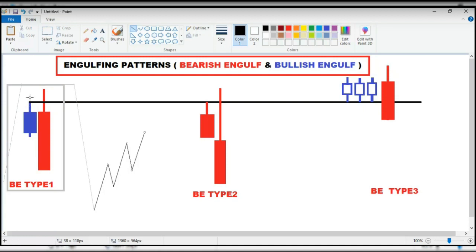If the wick of the blue candle is longer than the red candle wick, then that is not the bearish engulfing type 1. However, I am not concluding that price will not turn from there. However, chances of that engulfing failing are very, very high.